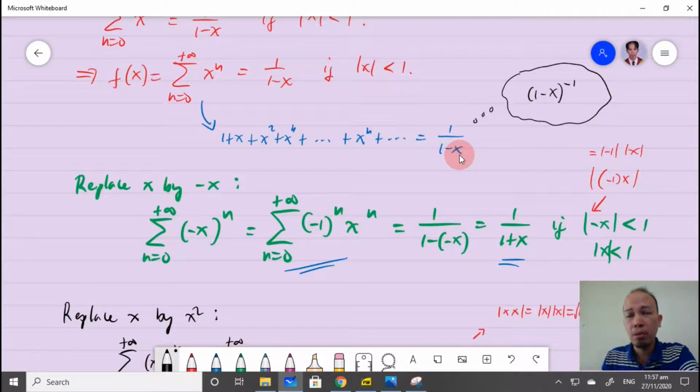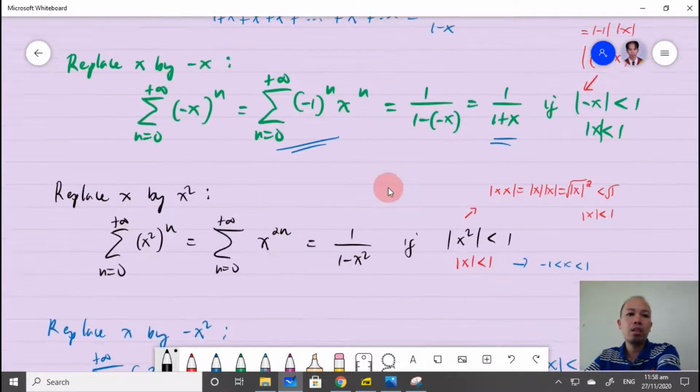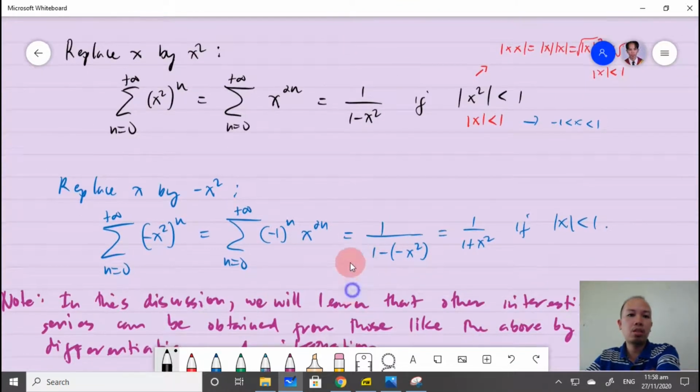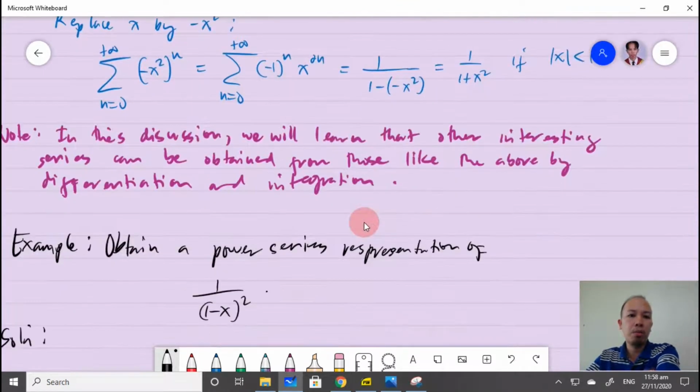We will use this expression, the summation of x to the n, where n starts from 0 to positive infinity, which is equal to 1 over 1 minus x, to get the power series representation of our problem.